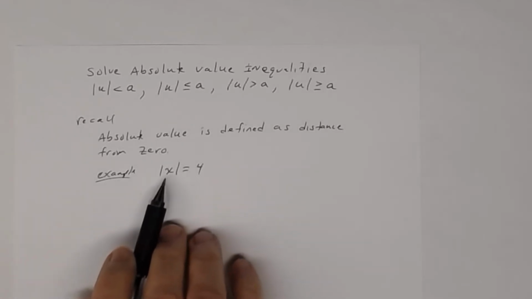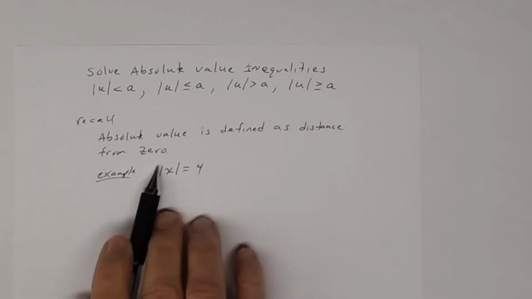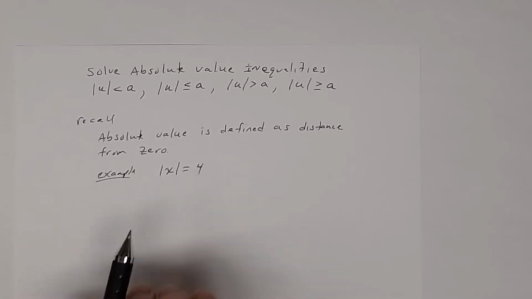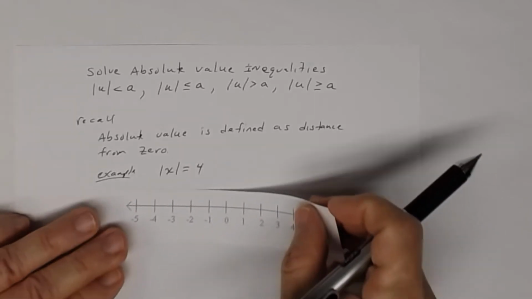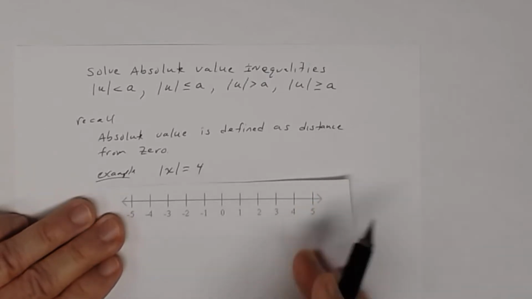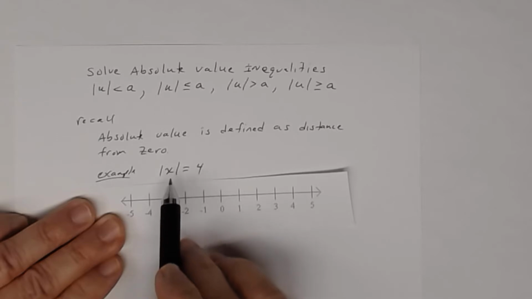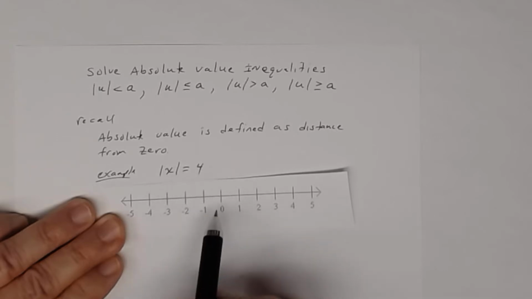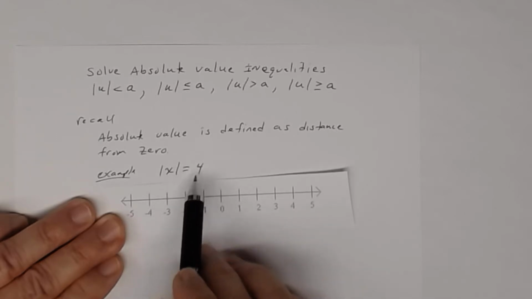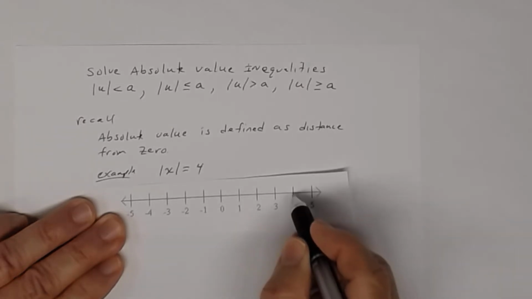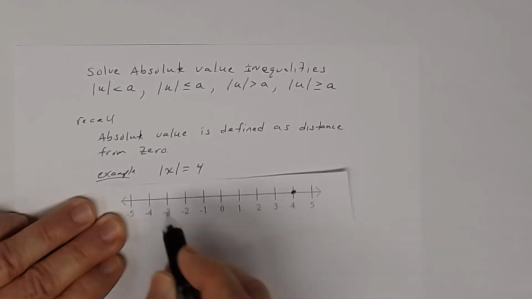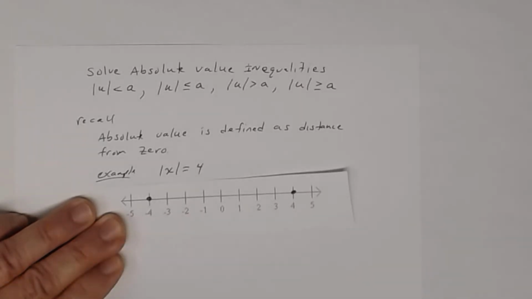This means that you're looking for a number whose distance is 4 units from 0. So if you look at this number line, there are two values of x for which the distance from 0 is 4 units. So we have a positive 4 and we have a negative 4.